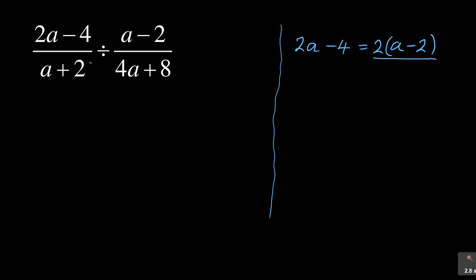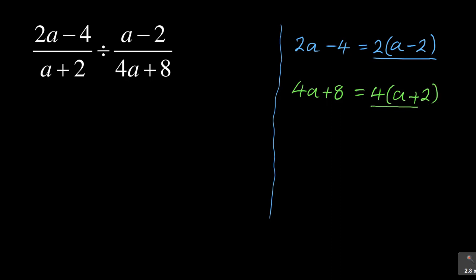I again identify on the second fraction, is there any part that can be further simplified? Yes, the numerator is already simplified, but the denominator of the second fraction, which is 4a plus 8, can be further simplified. What's common in 4 and 8? It is 4. 4 into 4a, the 4 will cancel to leave the a, and 4 into 8 is 2.